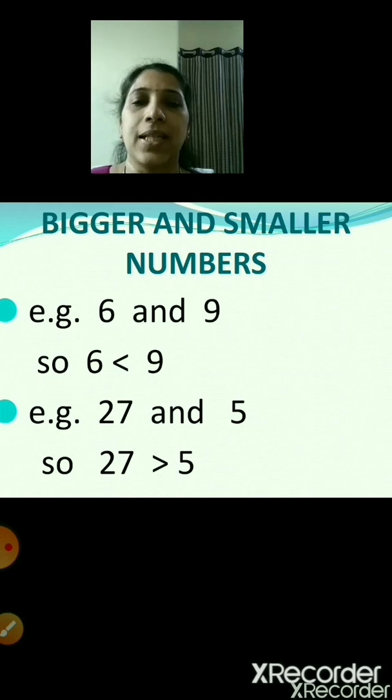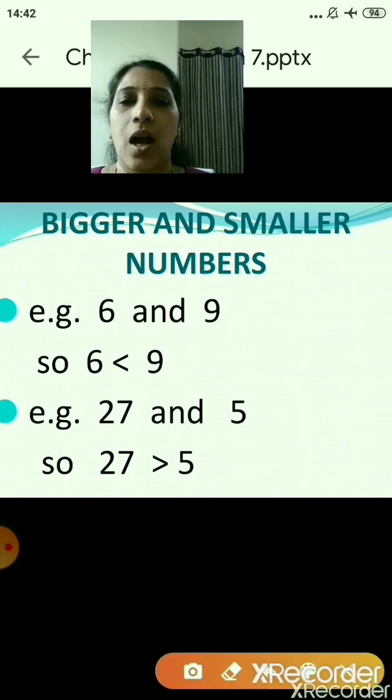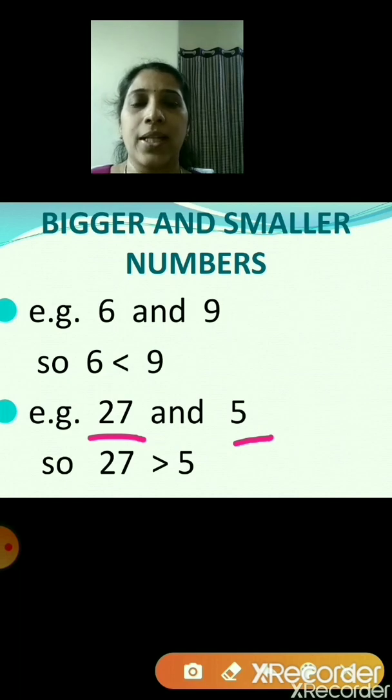Let us take the second example, that is 27 and 5. When such types of numbers are there, what are you going to do? You can see this is a 2-digit number and this is a 1-digit number.